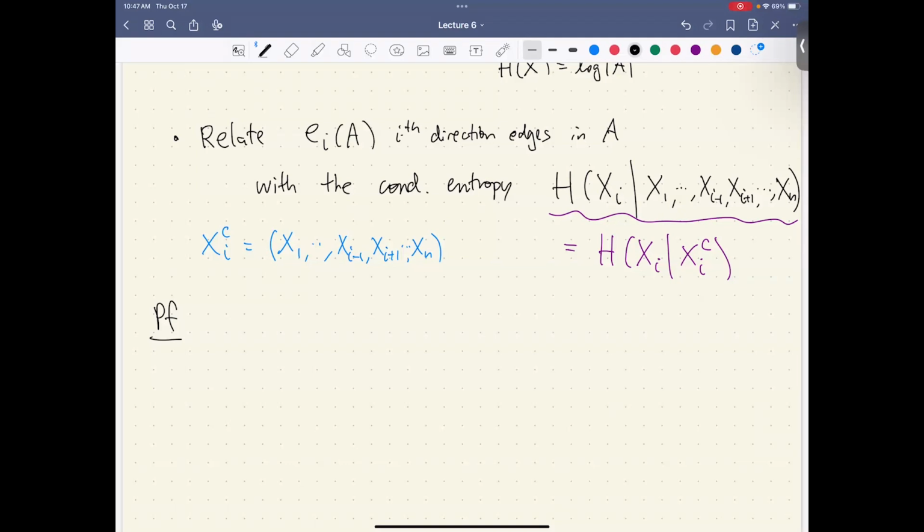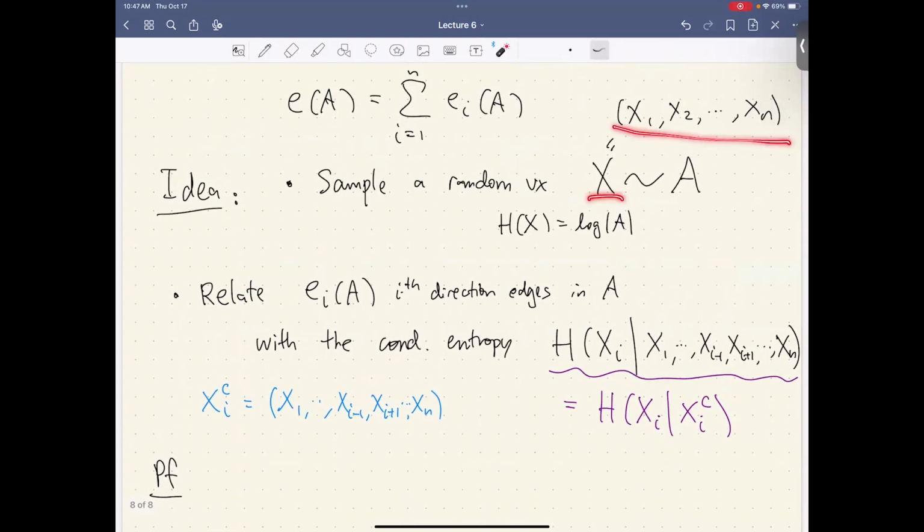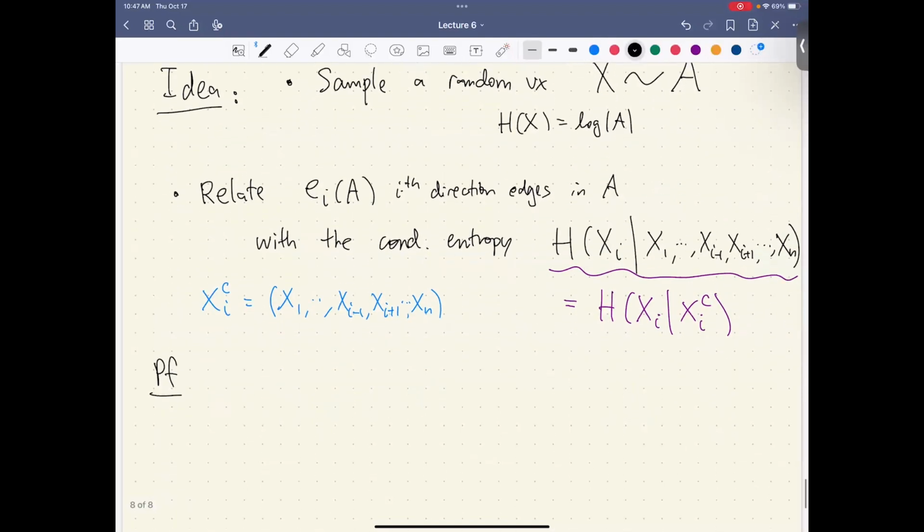Well, we have our random vertex, a random vector, uniformly sampled in A. So we can expand this random vector using the chain rule.